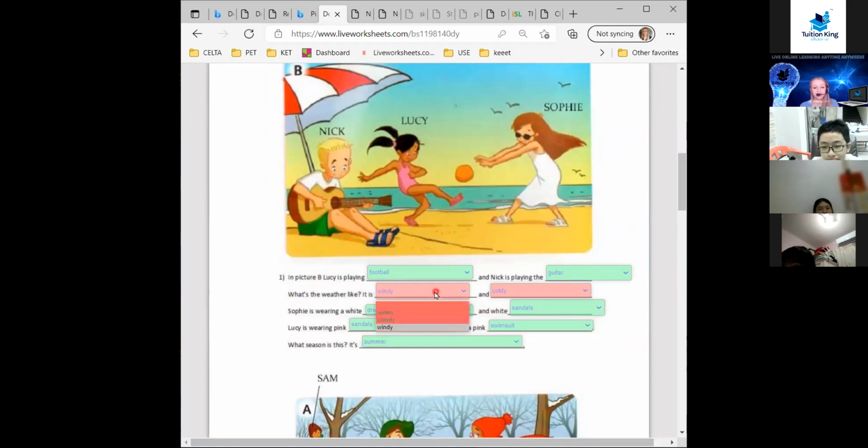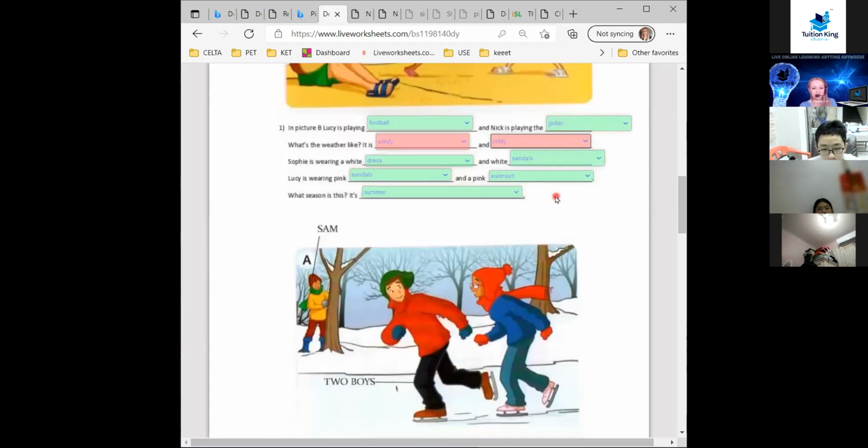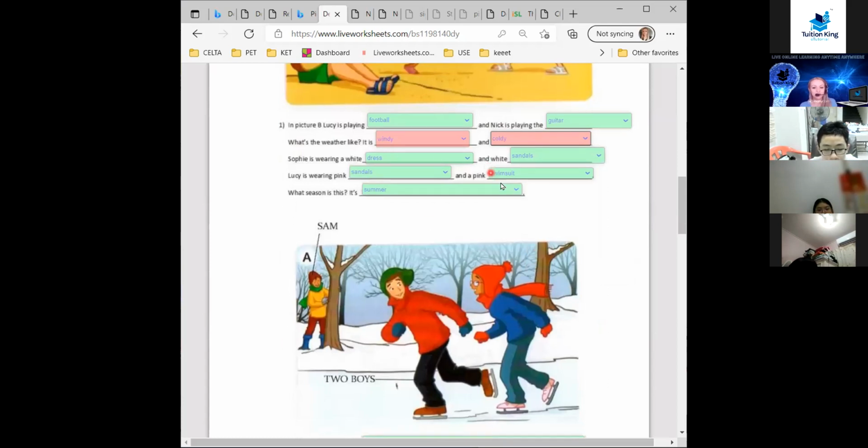What's the weather like? You should say it's sunny because it's summer, right? It's sunny and hot. Because in the summer, usually it's sunny and also very hot. The rest of the questions are correct.